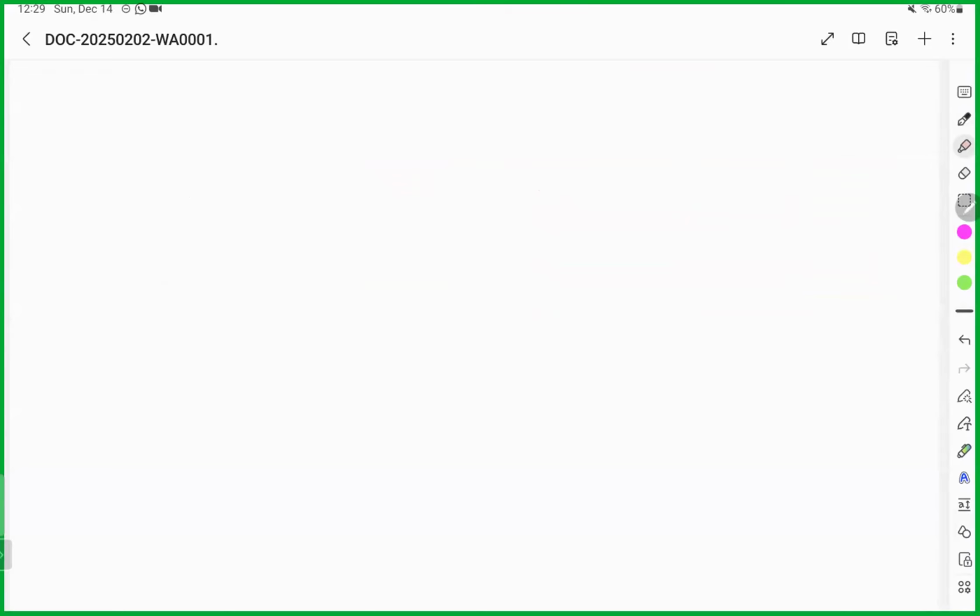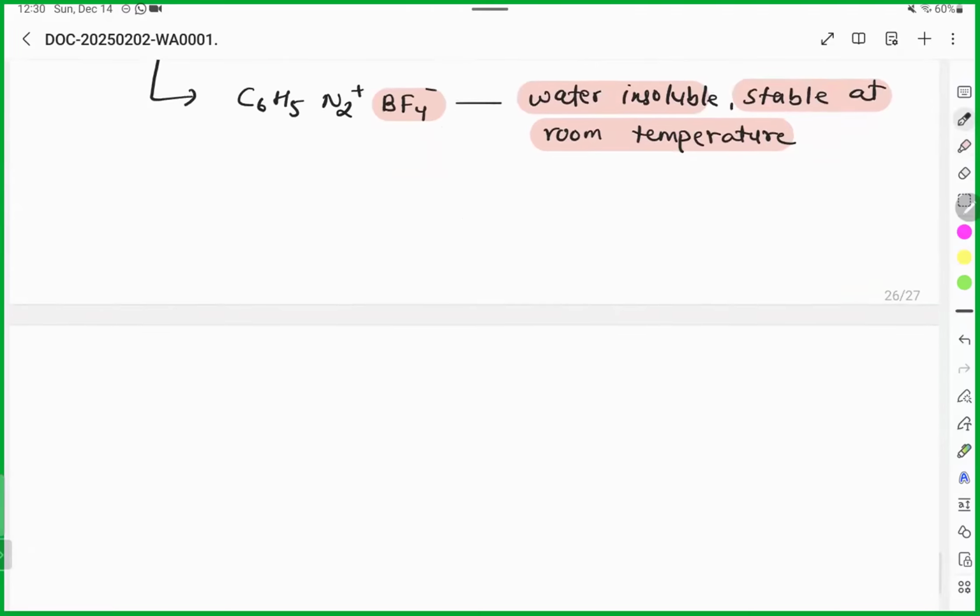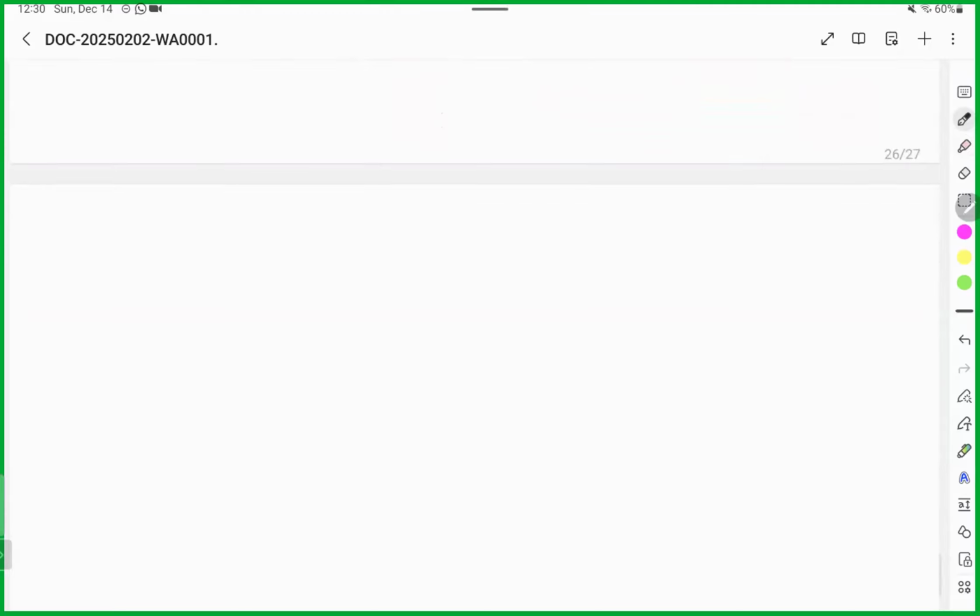Room temperature, no. Anvita? 0 to 5 degrees Celsius. Yes, very good. So 0 to 5 degrees Celsius is the temperature we need in the formation of diazonium salt. Why are we talking about this, Samarth? Why are we talking about diazonium salt?